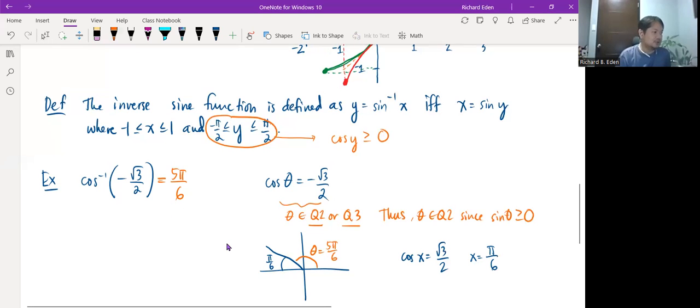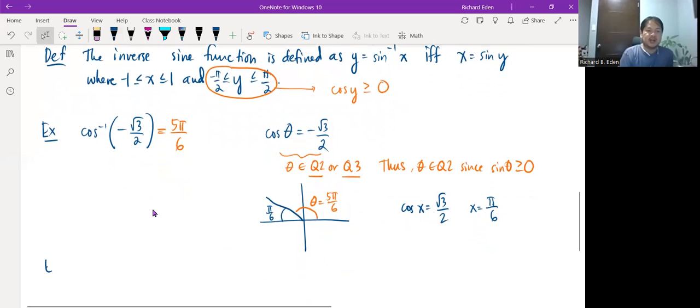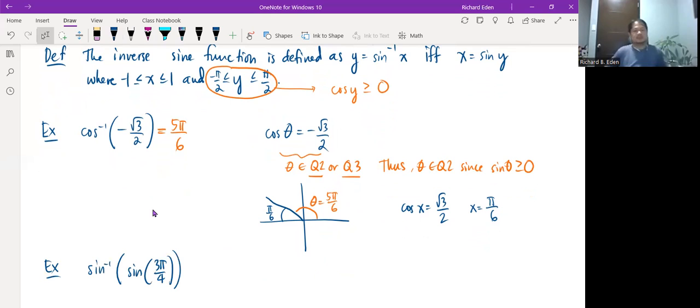Next example. Evaluate the following: sine inverse of sine of 3 pi over 4. Question: is it not 3 pi over 4?